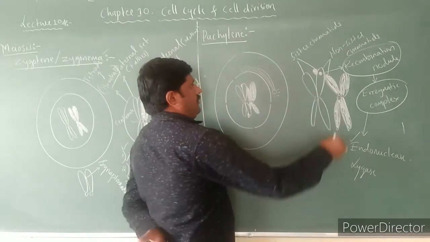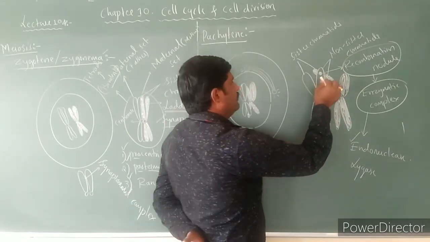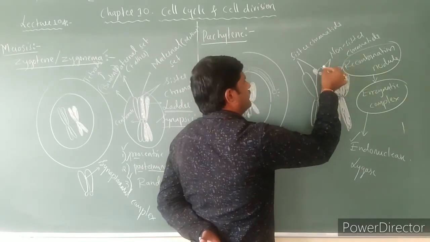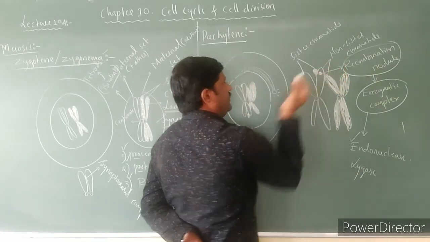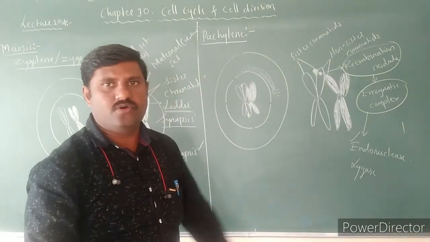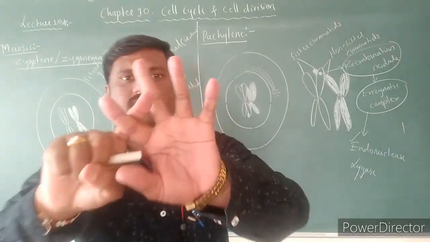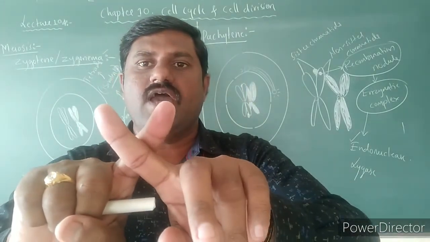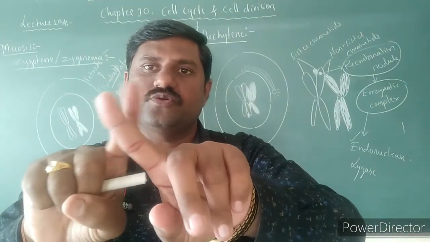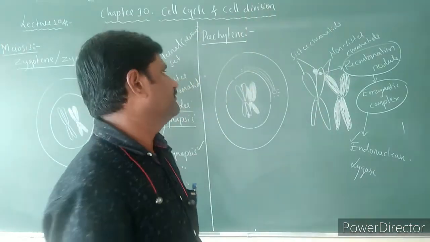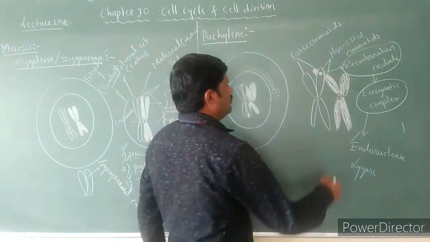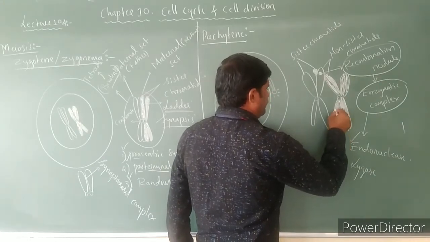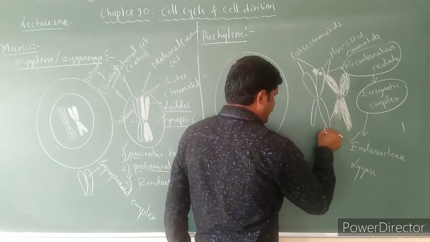Here, the cutting of this chromatid and the cutting of this chromatid take place. Both of them are cut together. This chromatid cuts, this chromatid cuts. Then the exchange of these two chromatids takes place over here. Here also it is the same, if it is lying like this.